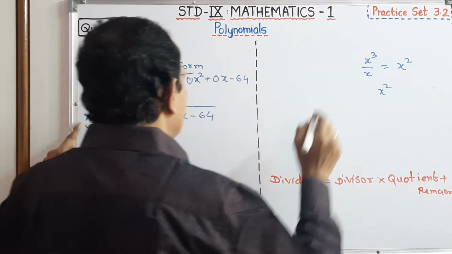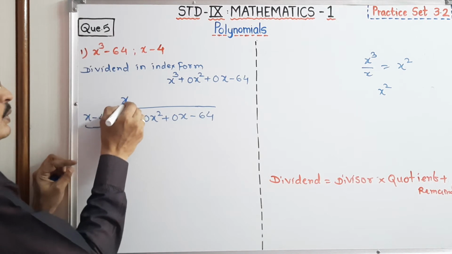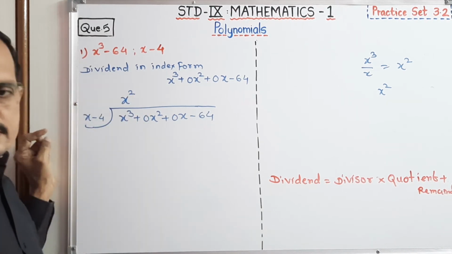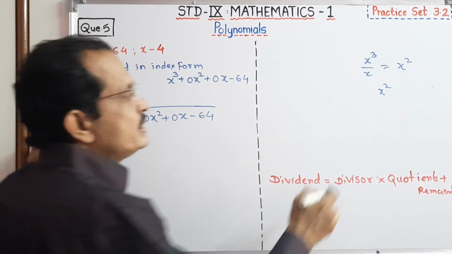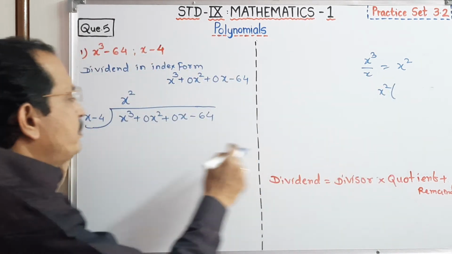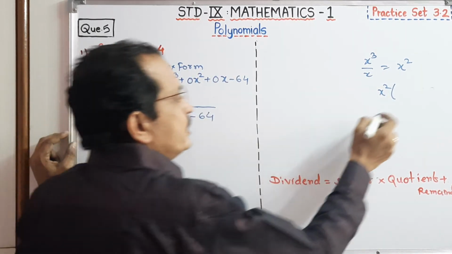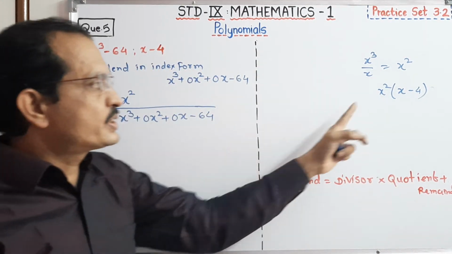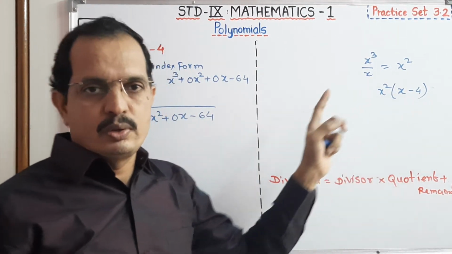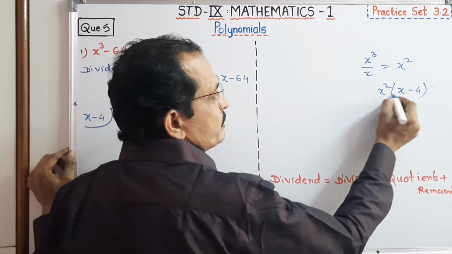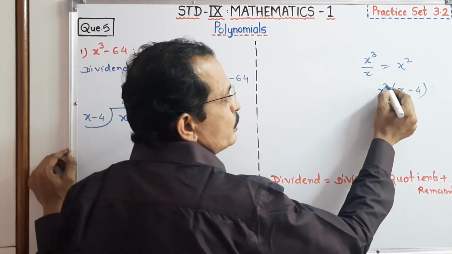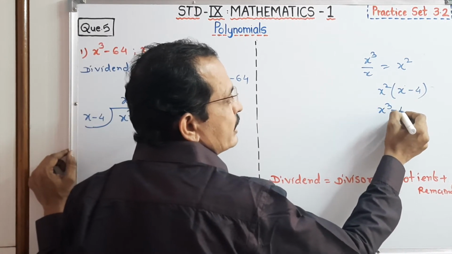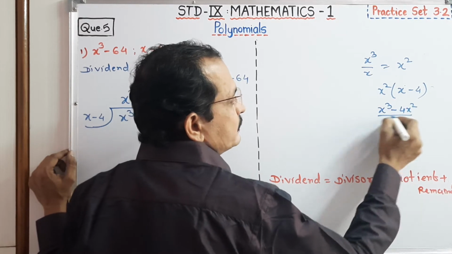Now this x square we have to write at the quotient place. Now this x square is multiplied with this divisor, x square into x minus 4. Now do the multiplication of this, it is x cube minus 4x square.